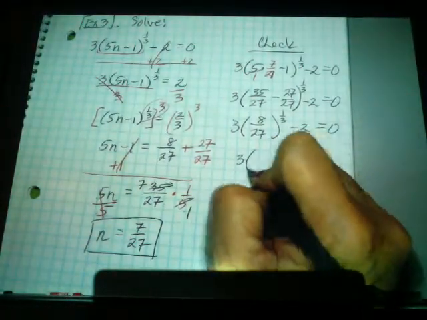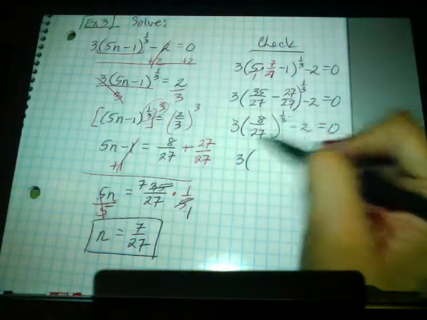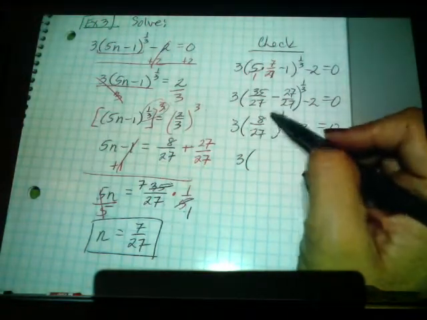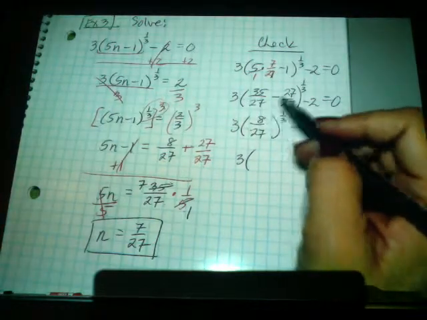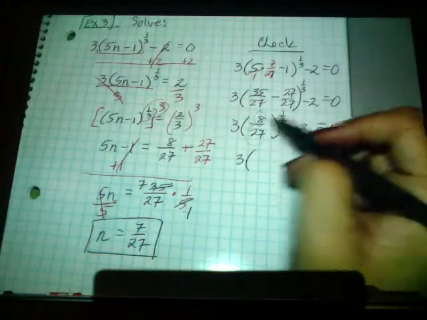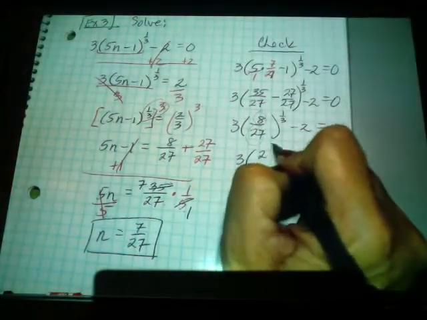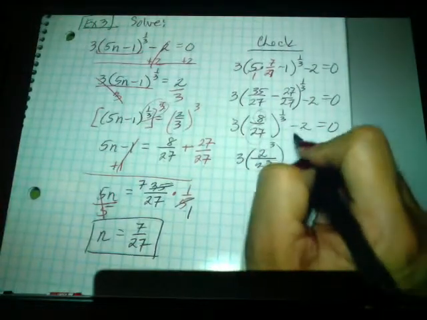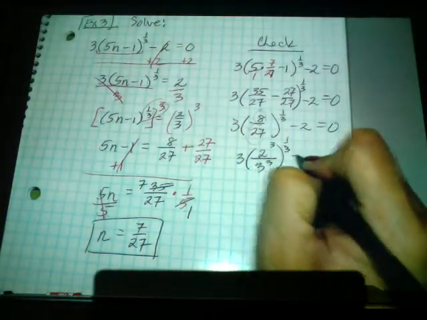Then 3 times, this is really asking that I take the cube root of this, but in order for you to see what we're really doing, I'm going to change 8 to its prime factored form and 27 to its prime factored form. So 8 prime factored is 2 to the 3rd, 27 prime factored is 3 to the 3rd, raised to the 1/3 minus 2 equals 0.